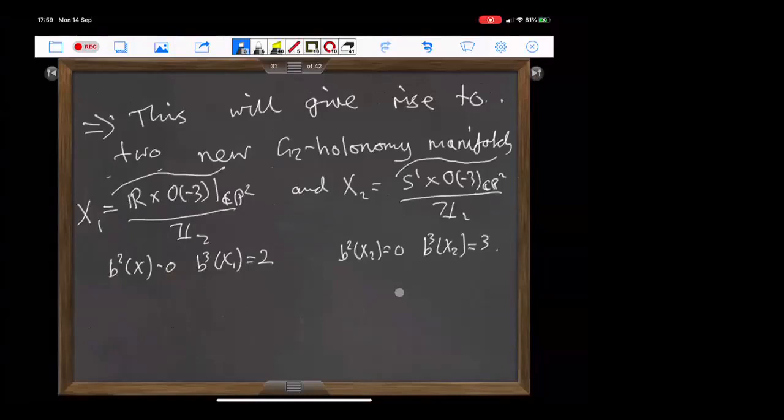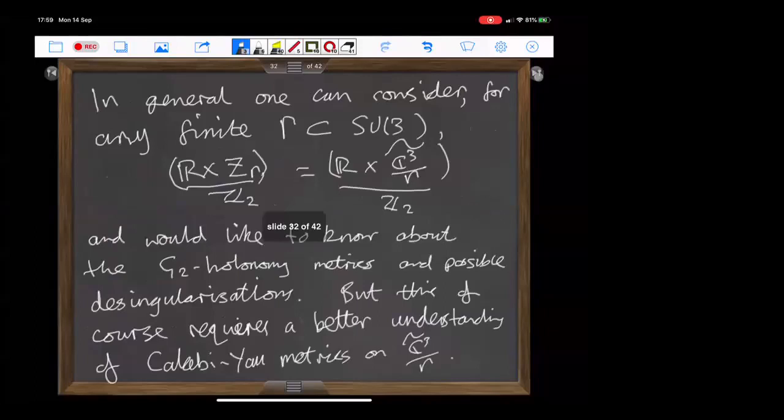So this then will likely give rise to 2 new G2 holonomy manifolds, 2 cases, because we can either do it with R or S1, with Betti numbers that I've written down here. But in general, one wants to consider this problem for general finite subgroups of SU3.